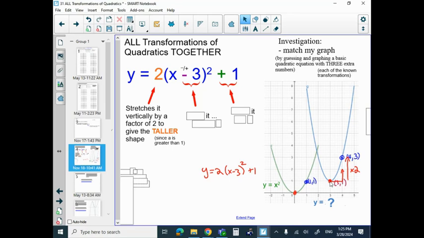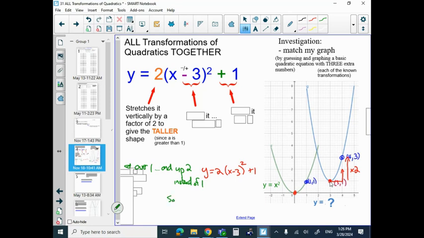So maybe what I would like to say here instead would be, notice that, like I said over there, it's over 1 and up 2. So basically the normal is over 1, up 1, and so now it's over 1, up 2, so up 2 instead of 1.